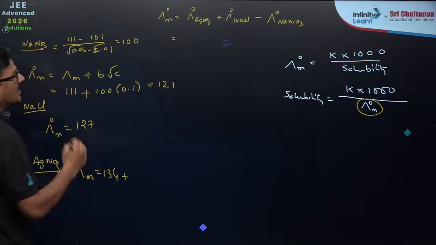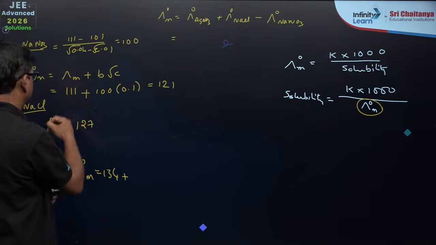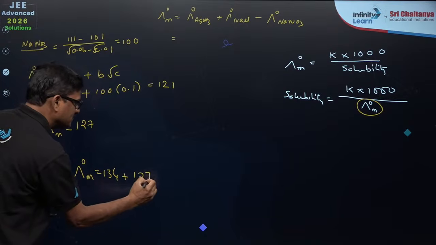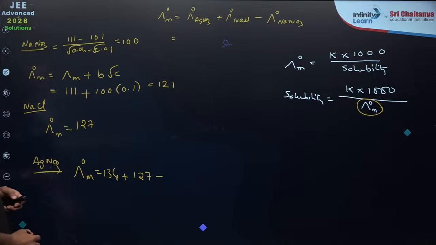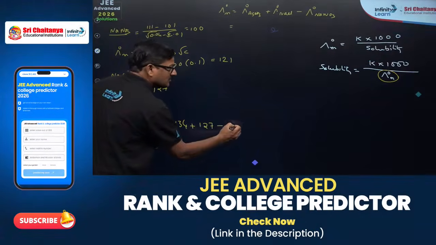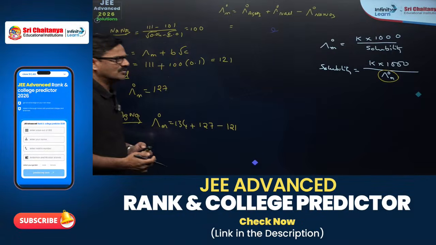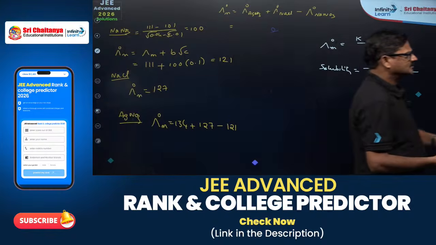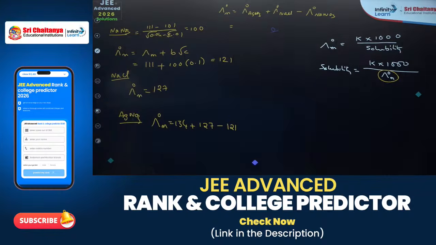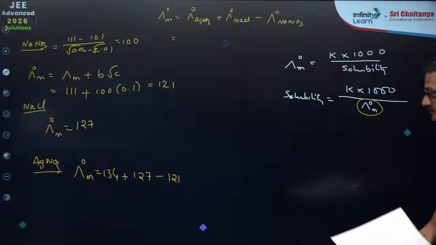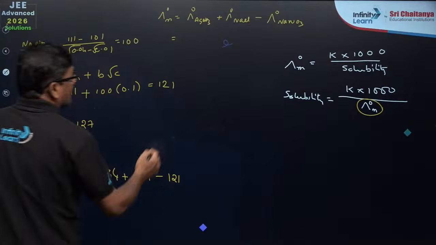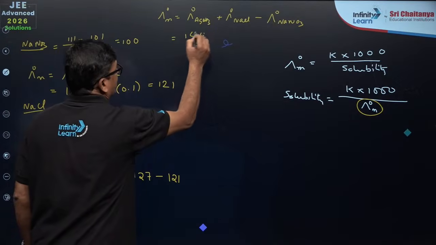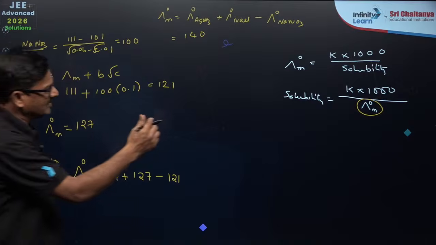Plus NaCl is going to be 127 minus 121, and doing so you are going to get 140. Directly put this 140 over here.